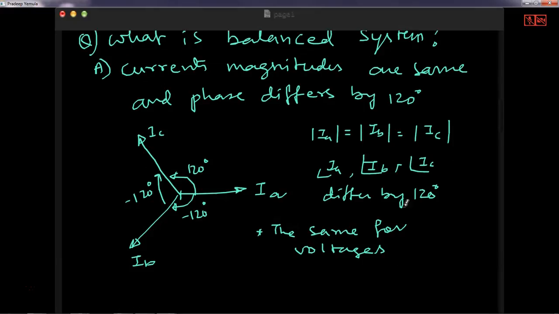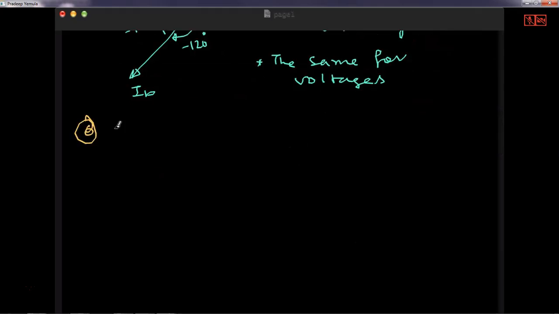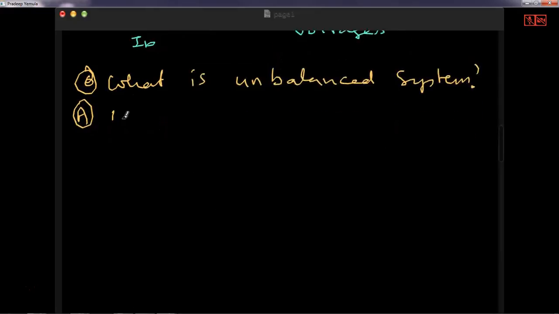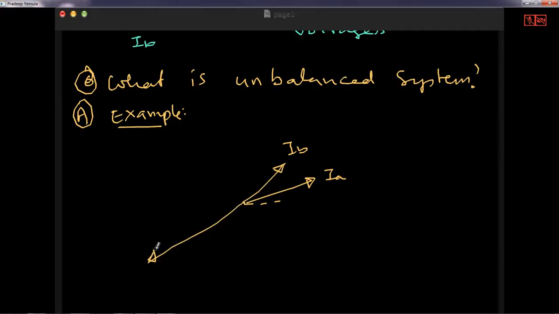Now, if I again ask a question, what is an unbalanced system? Of course, the answer is, if it is not balanced, then it is unbalanced. So just take an example. Let's take this as my IA, this as my IB, and this as my IC.